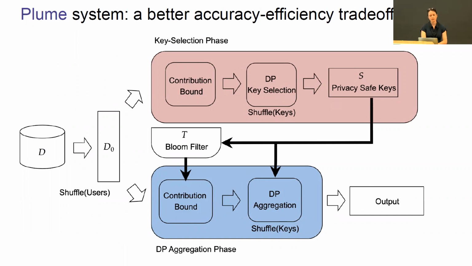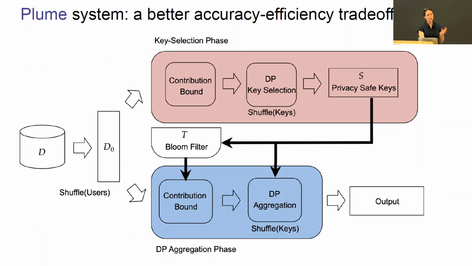First, notice that we begin by grouping the data by user to produce a data set D naught. This grouping is going to be fed into both the key selection phase and the aggregation phase, and it removes the need to repeat that grouping work in each phase. In the naive system, we couldn't factor out this component because we had to have the data indexed by key rather than by user in order to do the restriction to S via a join.